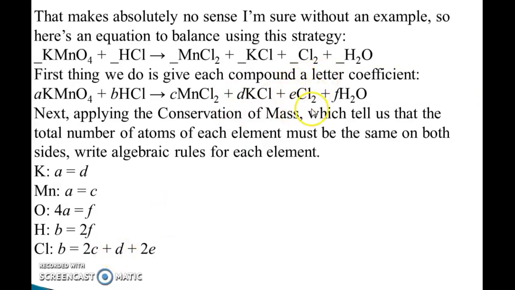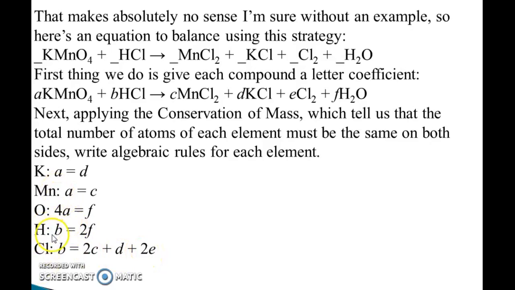And along with E, 2 atoms of Cl are present, that's why we put 2E here. On the reactant side, Cl is present along with B, so we will put B here. So basically B on the reactant side of Cl becomes equal to 2C of the product side, D of the product side of Cl and 2E of the product side of Cl.